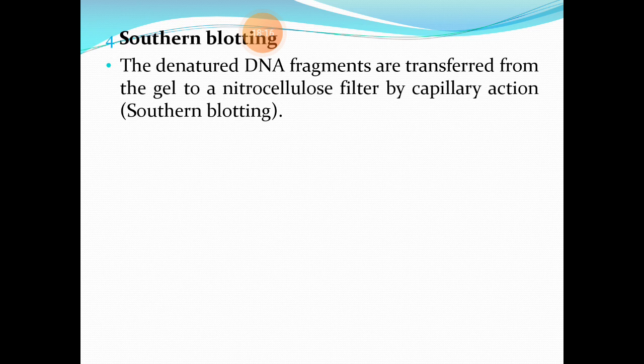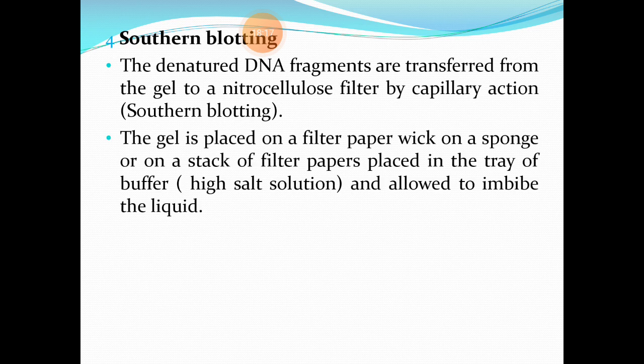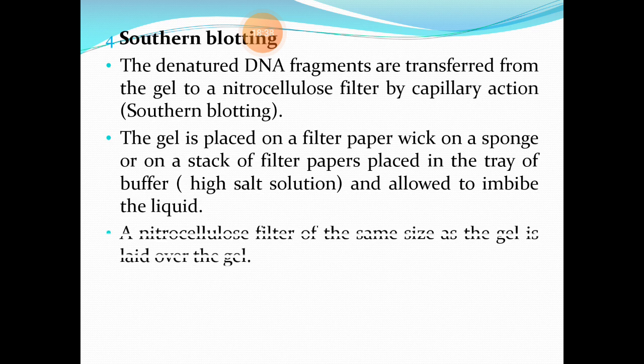I'll show you the diagram a little later. The gel is placed on a filter paper wick on a sponge or a stack of filter papers placed in a tray of buffer. Normally the buffer is a high salt solution, and the gel is allowed to imbibe the liquid.